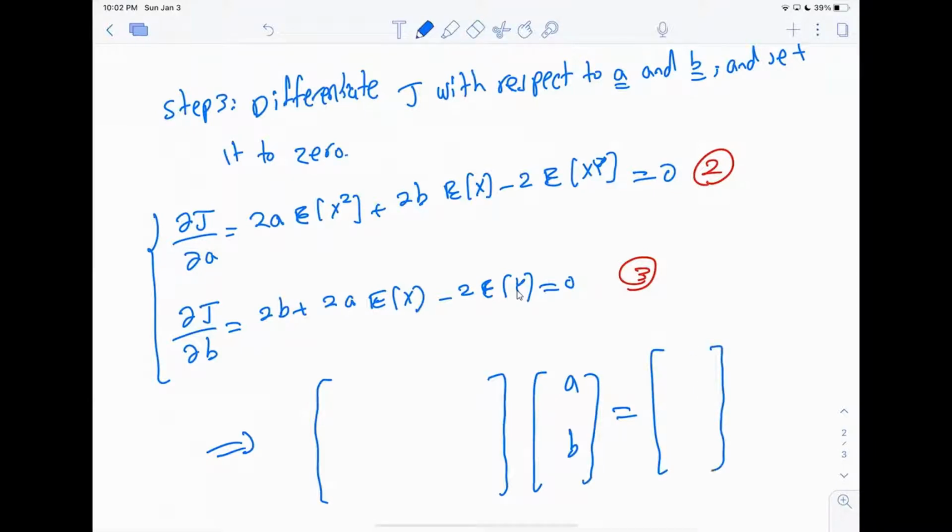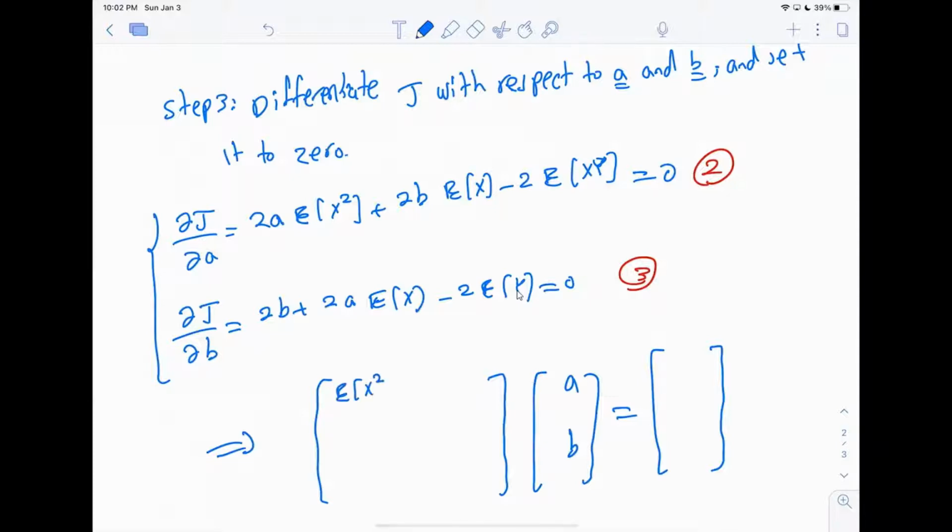I'm going to make this one bigger. Good. So we can see that everything in equations 2 and 3 is divisible by 2. So first, before putting in matrix notation, we will divide them each by 2.